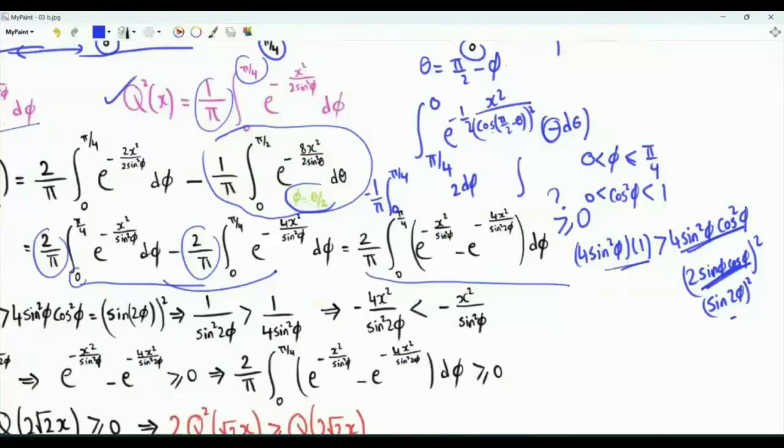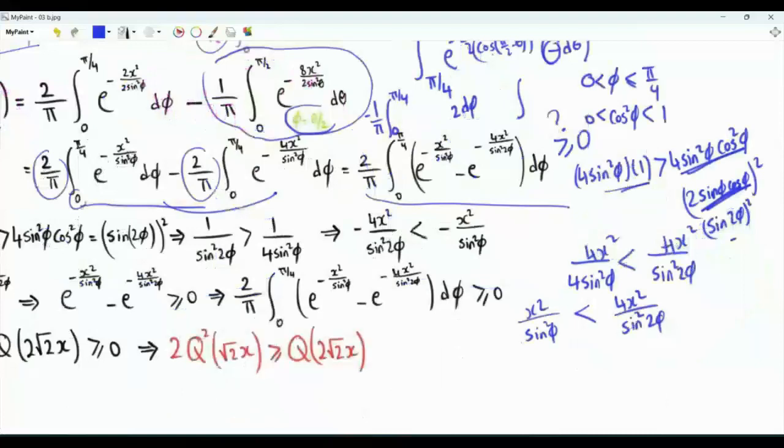If we take the reciprocal of both sides, we have 1 over 4 sine squared phi is strictly less than 1 over the square of sine 2 phi. This inequality remains the same if we multiply both sides by 4x squared when x is strictly positive. This becomes x squared over sine phi squared less than 4x squared over the square of sine 2 phi.